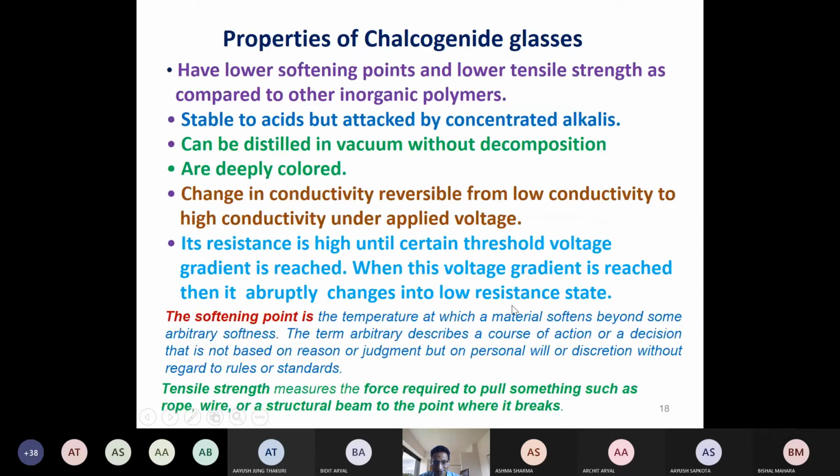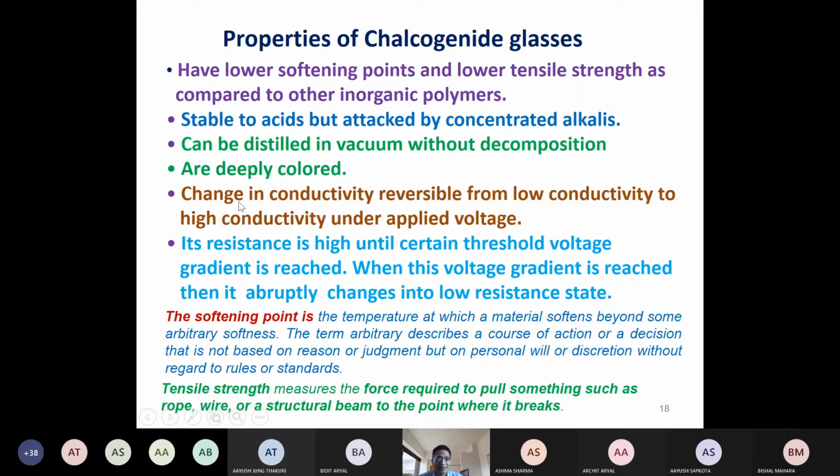And next are the properties of chalcogenide glasses. They have a lower softening point and low tensile strength compared to other inorganic polymers. I have given the meaning of tensile strength and softening point at the bottom of this slide. They are stable to acid but attacked by concentrated alkali and can be distilled in vacuum without decomposition. They are deeply colored.